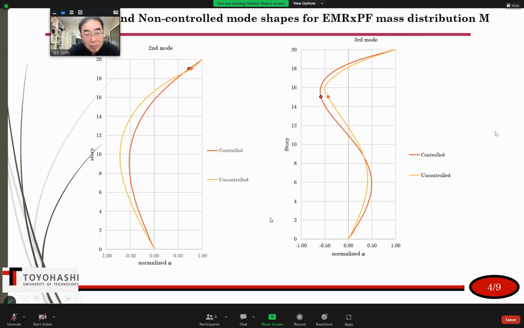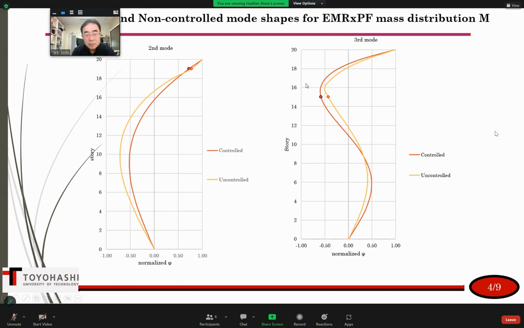And I also calculated this mode shift of controlled and uncontrolled for three methods of mass distribution. In all cases, the location of TMD didn't change. But maybe for some cases it will change, because we can see that the mode shift has changed. For the second mode, I installed just the first TMD and calculated the second mode shift.